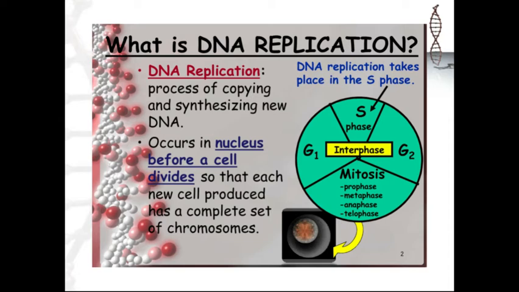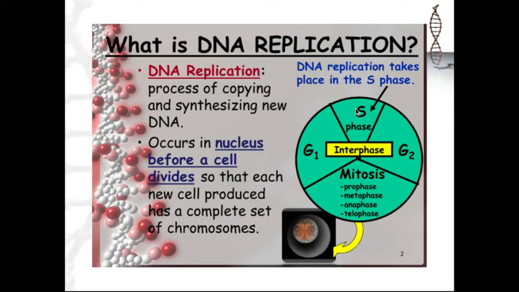So each of our sperm and egg will, depending on if you're a boy or a girl, have 23 chromosomes. But we'll get into that later on. For this, we're going to focus on body cells, somatic cells. So we have 46 chromosomes, 23 from mom, 23 from dad. And replication is going to take place here.